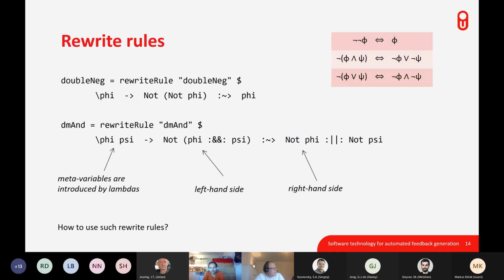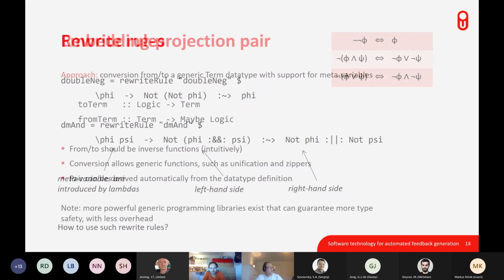Now the question is, because it's now a function, I can represent this, but how can we use such a rewrite rule? How does this work? The answer is that there's a lot of machinery and a lot of tricks that are being used in this rewrite rule function that you can also see on this particular slide.